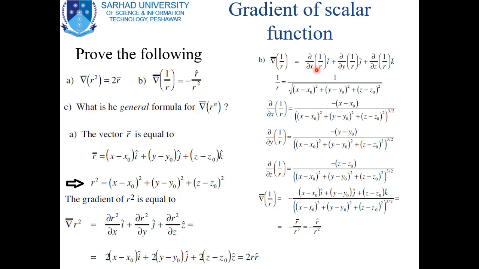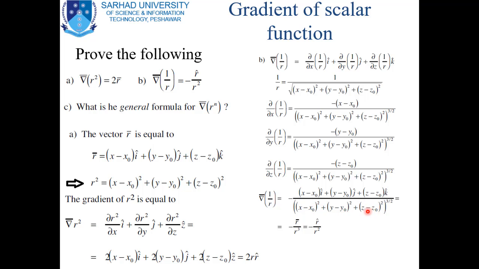We will put these values in this expression and we will obtain (x minus x naught) i plus (y minus y naught) j plus (z minus z naught) k divided by this term.